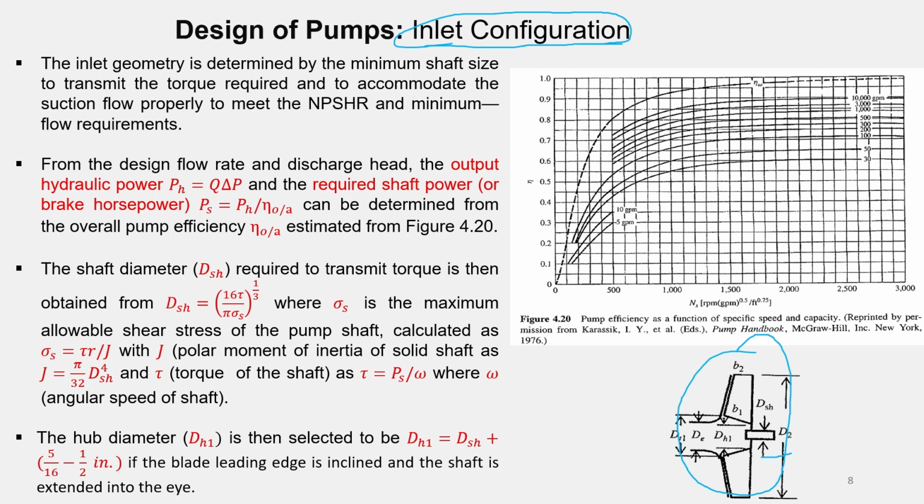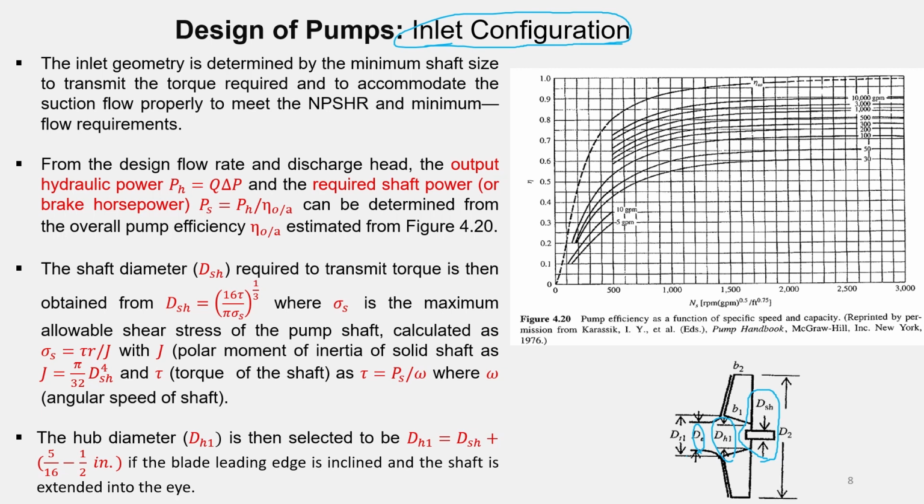You are given the shaft diameter, D sub SH, the diameter of the hub, the diameter of the eye, as well as the diameter of the tip. The main point here is to calculate how much shaft diameter we should have, how much hub diameter, and how much eye diameter. So we need to know the inlet configuration of the pump.